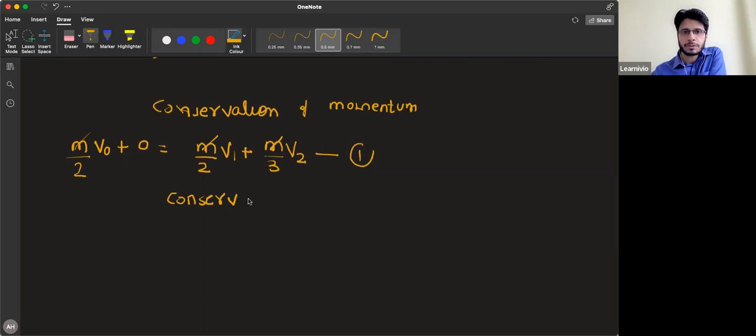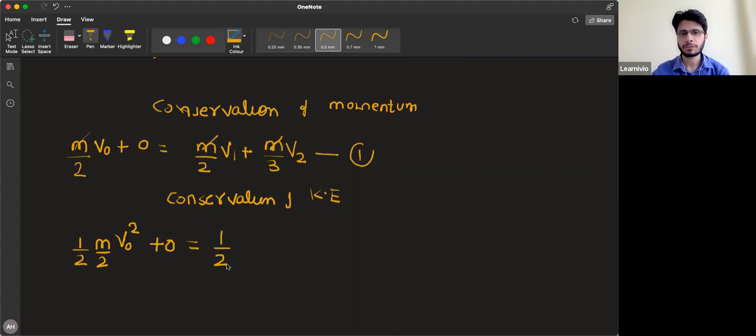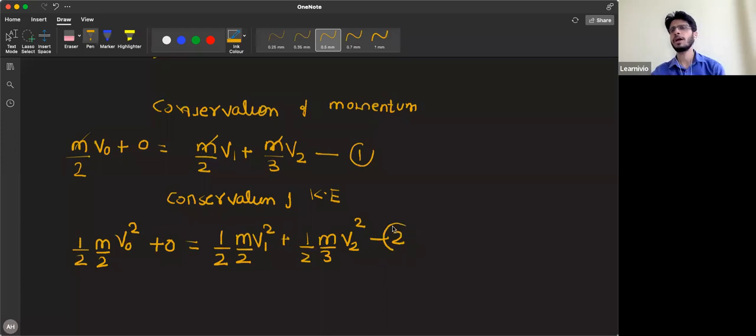The initial kinetic energy is half into m by 2 into v naught square, and the kinetic energy of the second particle at rest is 0. This is equal to half m by 2 v1 square plus half m by 3 v2 square. So from equation 1 and equation 2, you can get the values of v1 and v2.